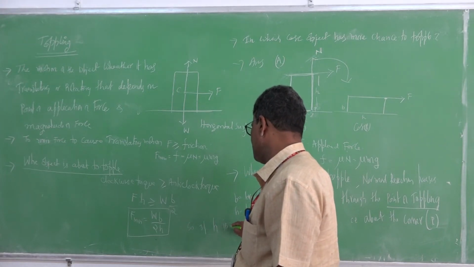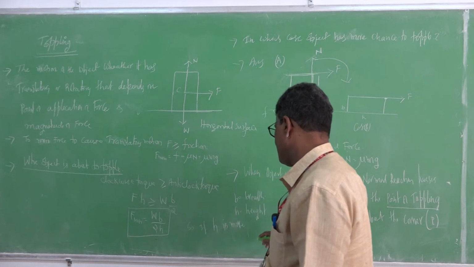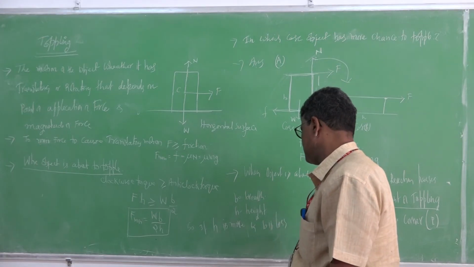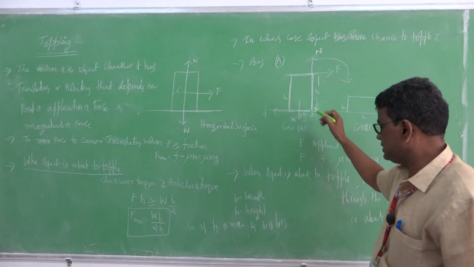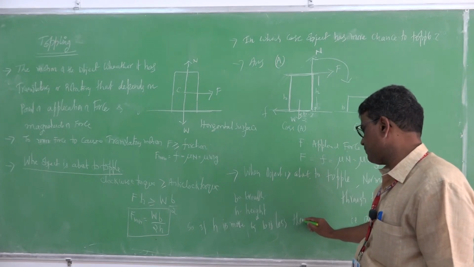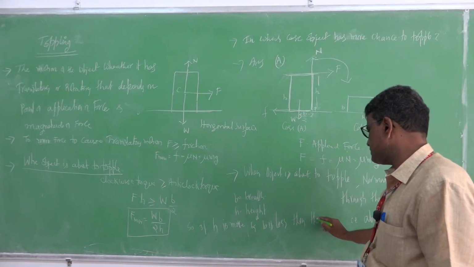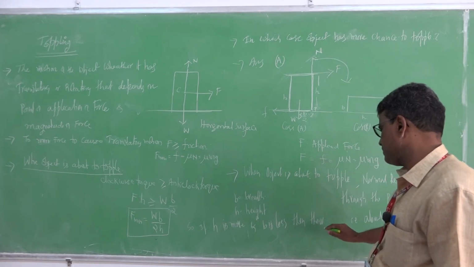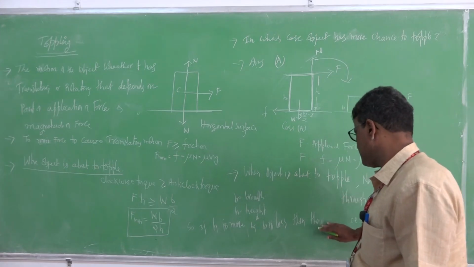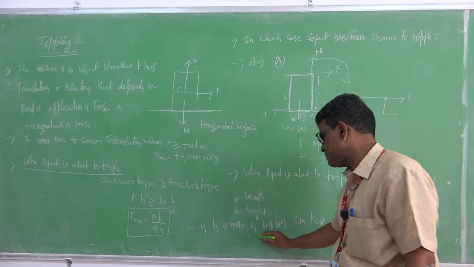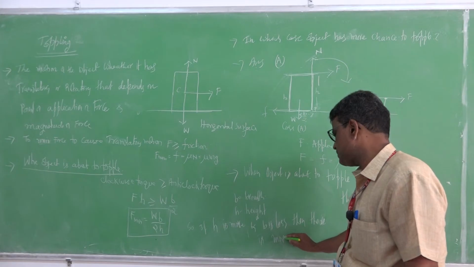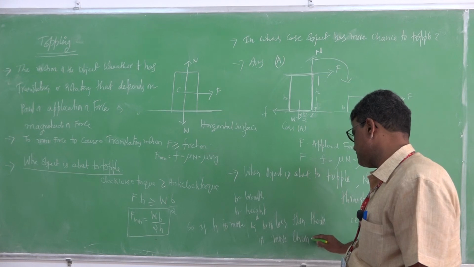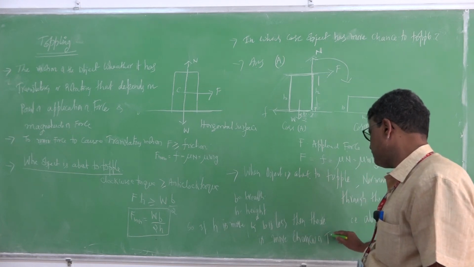So what we can conclude: if h is more and b is less, there are more chances of toppling.